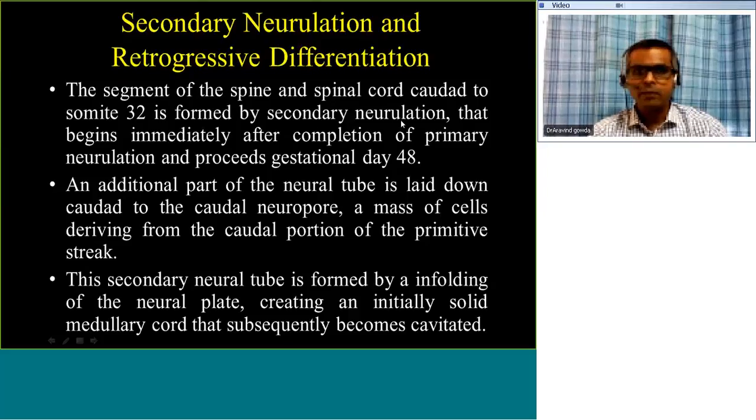Here, the inner cell mass, which are totipotential cells, proliferate in such a manner that they form a cell mass, which canaliculates to form the secondary neural tube. This secondary neural tube communicates with the tube formed by the primary neurulation, so that the entire spinal cord will be present.